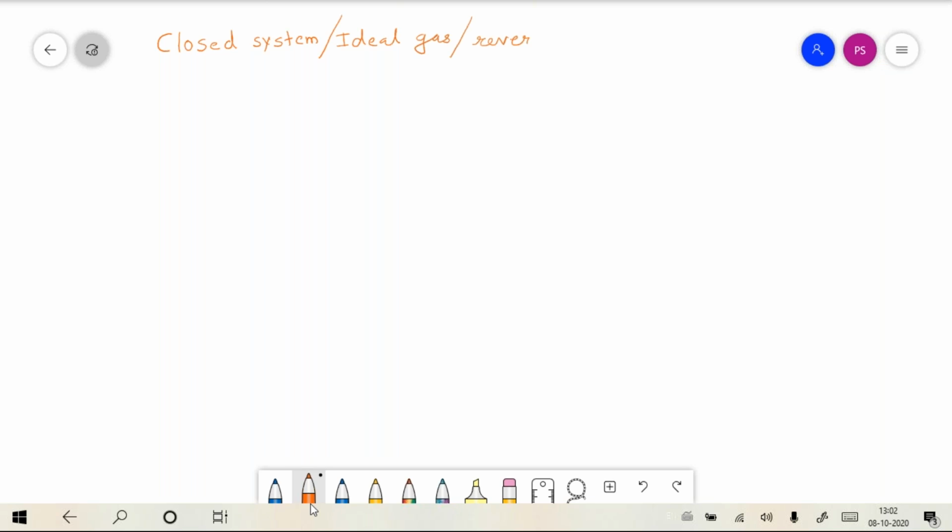So we are solving a numerical to demonstrate so that you appreciate this better. This is a university numerical. It was asked in some exam for 6 marks.